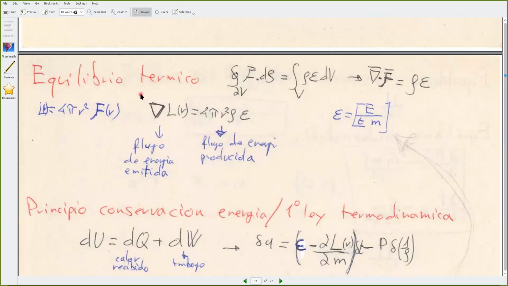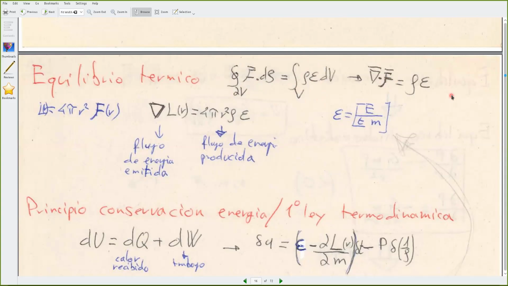From thermic equilibrium, we have the classical condition that the flux of energy calculated on the surface of the stars must be equal to the energy produced inside the star.